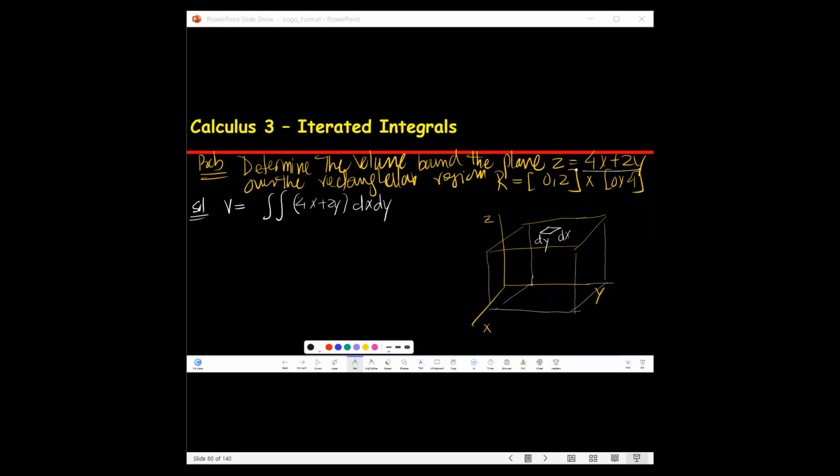These are my limits: 0 to 2 is my x limit, and 0 to 4 is my y limit. So this is my first limit and this is my second limit. If I change this operator, I definitely have to change this limit.